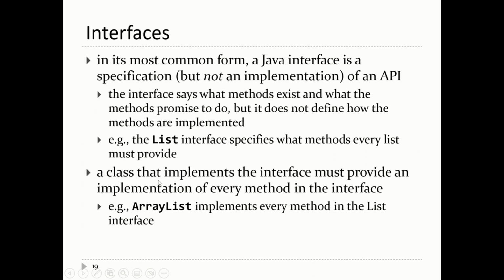Now, the difference between a class and an interface is that a class does provide the implementations of the methods. If a class implements an interface, then the class must provide every method that's in the interface, and furthermore an implementation of every one of them. So the ArrayList class actually has an implementation of every method in the List interface.